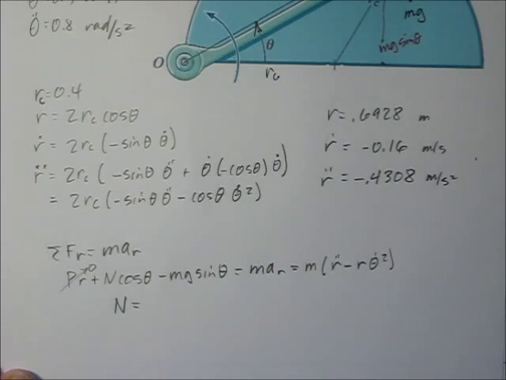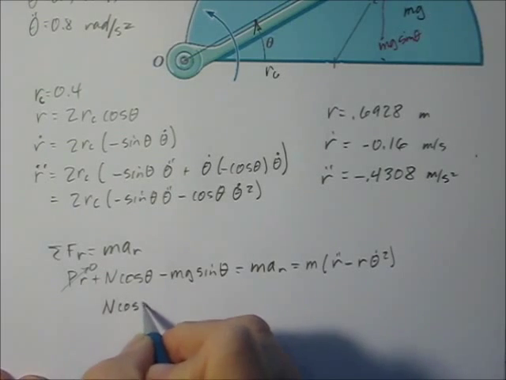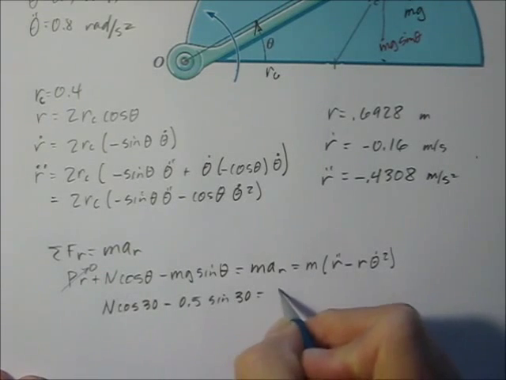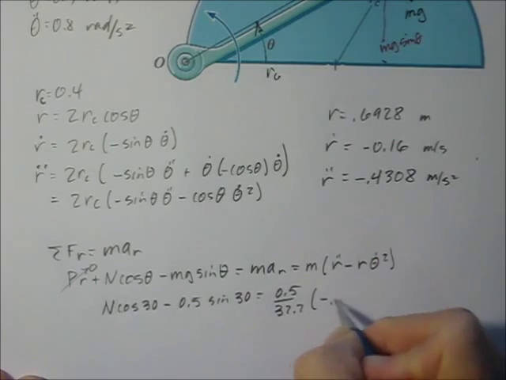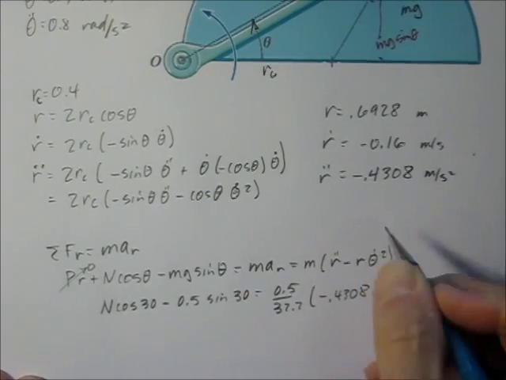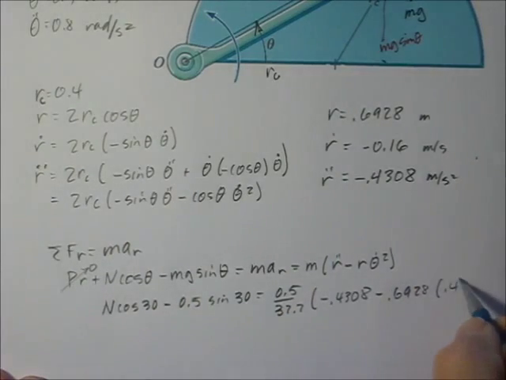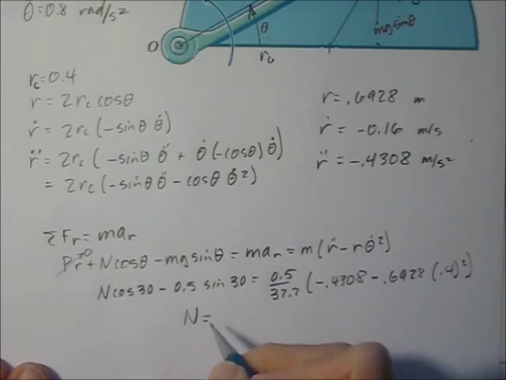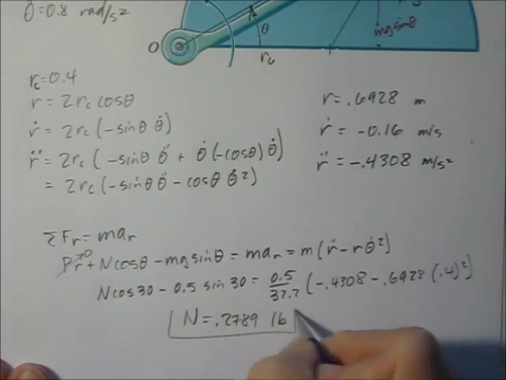I think what I'll do is write the whole equation out here for you, and then you can follow my math a little bit later. N cosine of 30 minus 0.5 sine of 30 is equal to 0.5 over 32.2 times r double dot, which is minus 0.4308, minus r, which is 0.6928, times theta dot squared, which is 0.4 squared, and N turns out to be equal to 0.2789, and that's in pounds because we're in the English system.